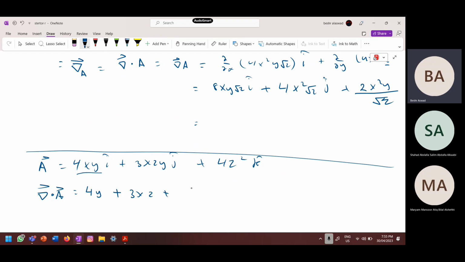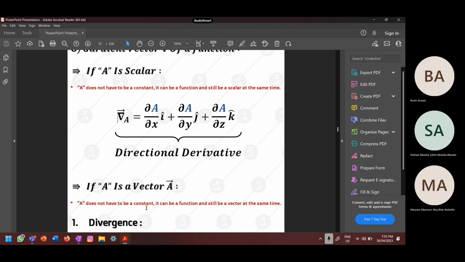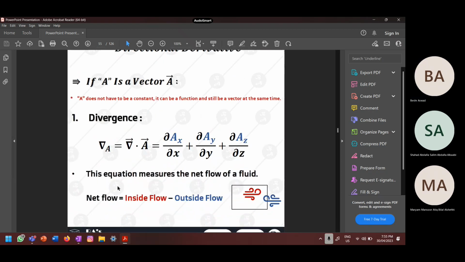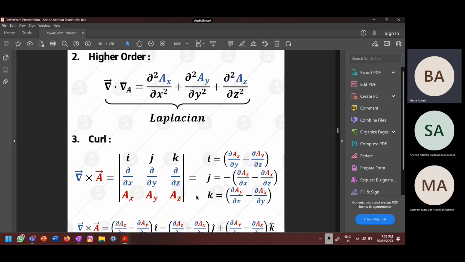And for this one, partial z is 8z. Okay, this is the gradient of this vector. This equation measures the net flow of a fluid. Net flow equals inside flow minus outside flow. I don't know how to do this, just memorize it, I think.